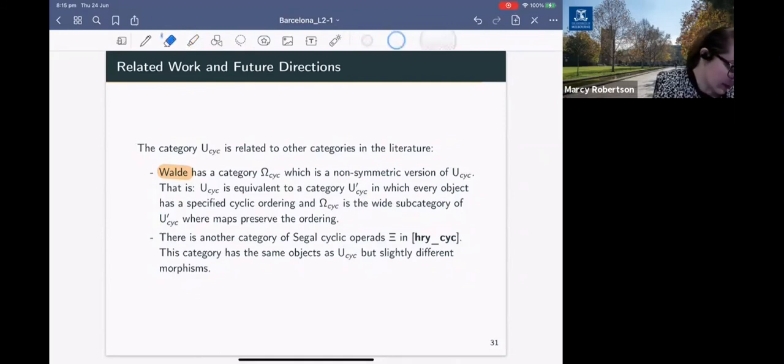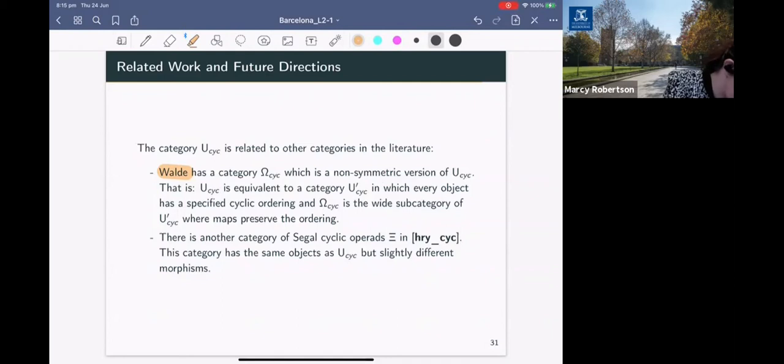And note that you can find this inside of the cyclic restriction of the graphical category U. So you just force some cyclic ordering on every graph. And I'm pointing this out so that people can see how to get their favorite objects out of here.